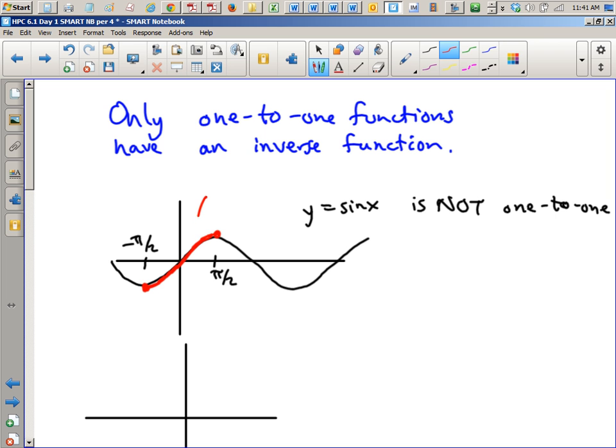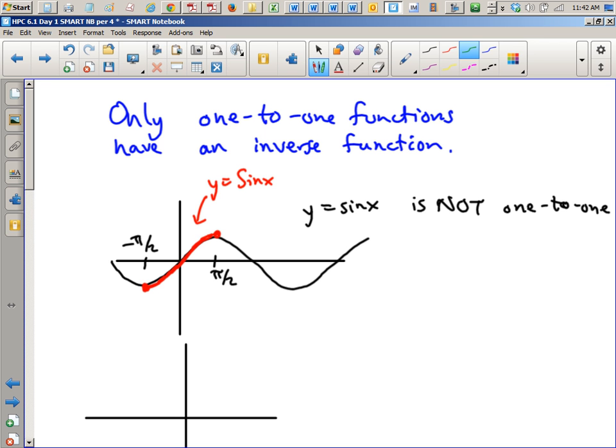And this is going to be called y equals sine x with a capital S. Literally with a capital S. That S there means you're only doing this piece. Okay, I mentioned that yesterday. So this is called the principal sine function.